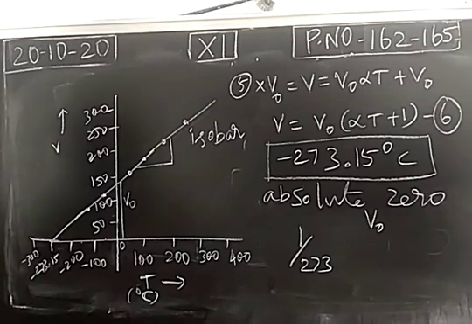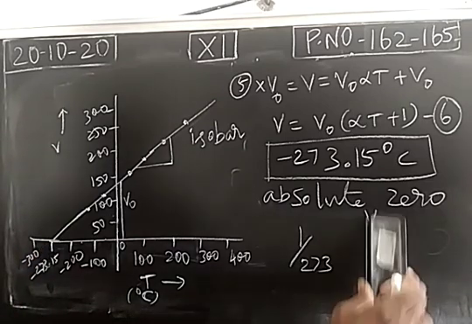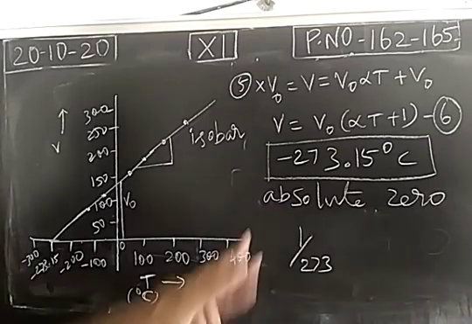When a gas is present in a container, at one particular temperature, volume will be 0. So no gases will be there. But beyond this minus 273.15, volume will be a negative value, but it is not possible. So at one particular temperature, the volume of the gas will be 0. So we call the temperature absolute zero.